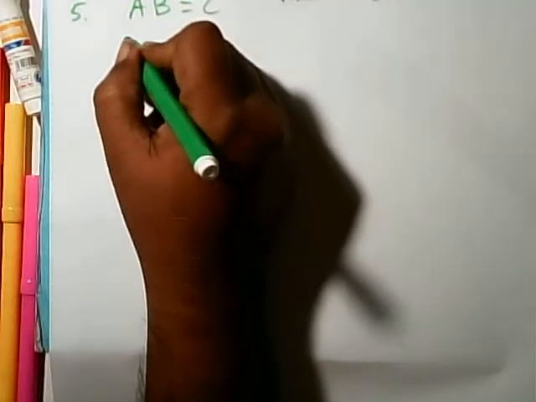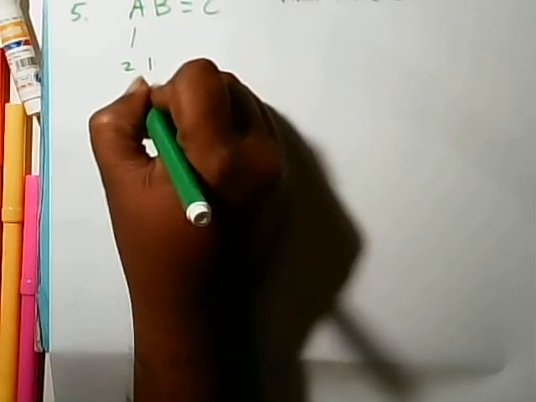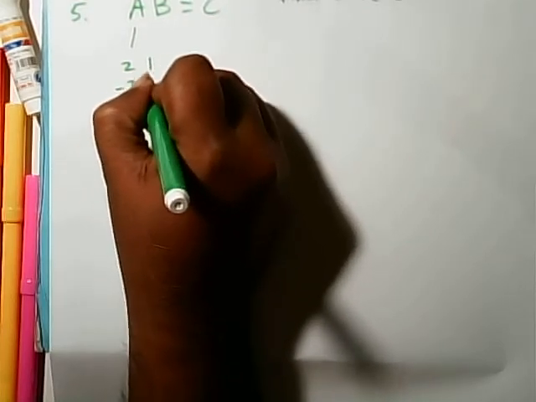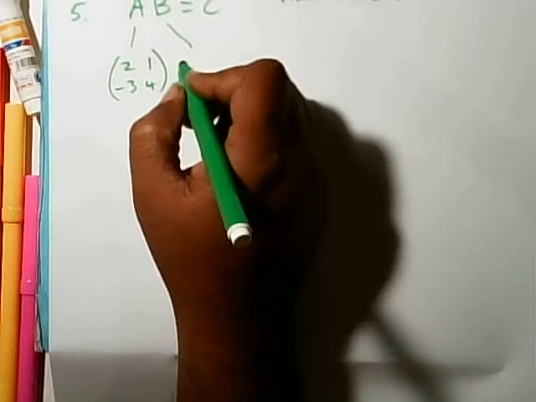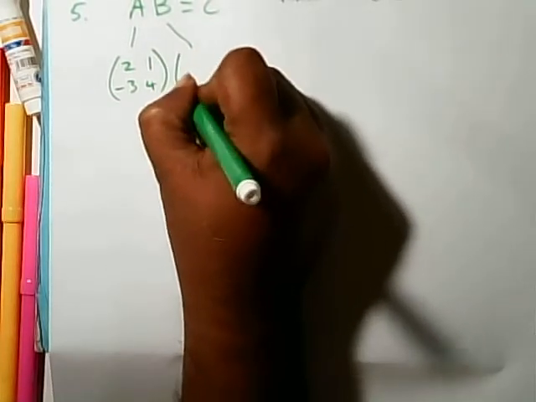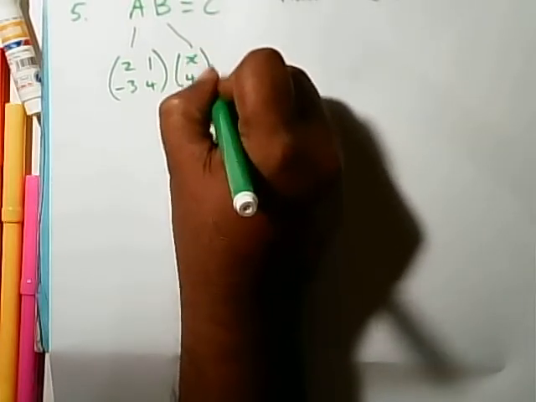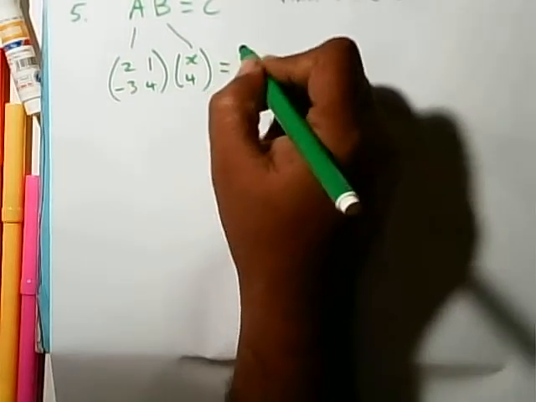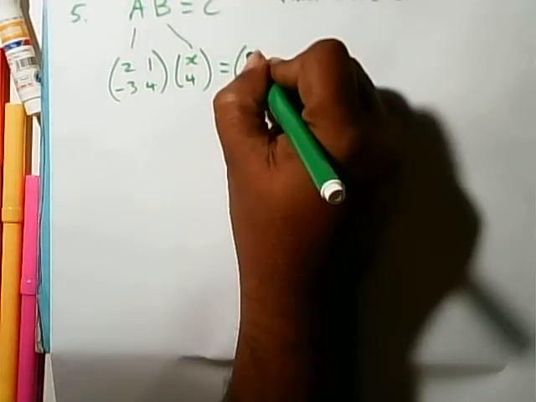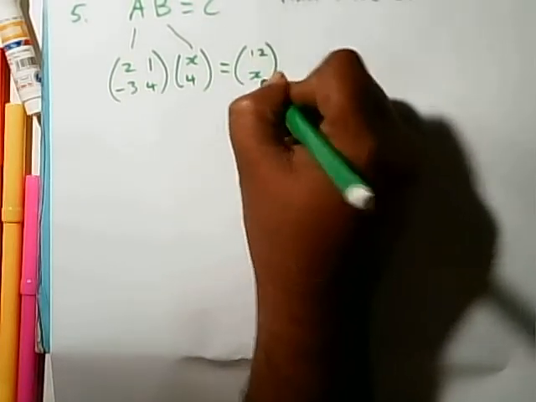Okay, so A we'll replace with the matrix given, which was [2, 1; -3, 4]. What was the matrix B? B was the matrix X on top, 4 below. And C was the matrix 12 on top and X below.